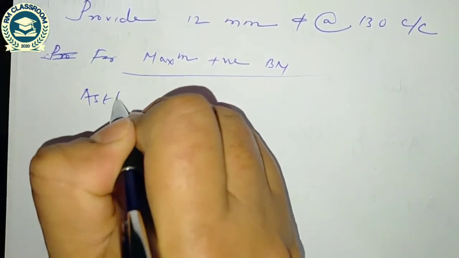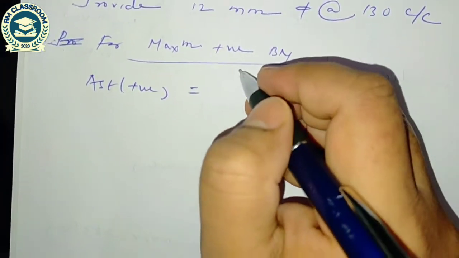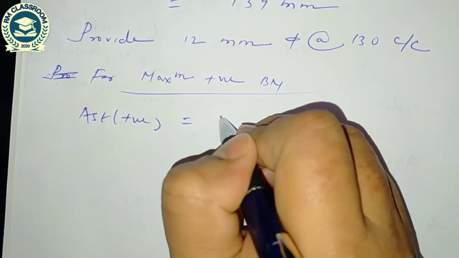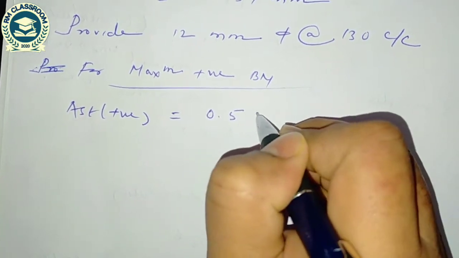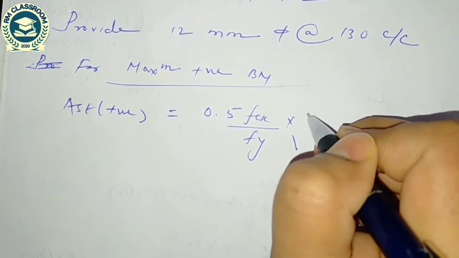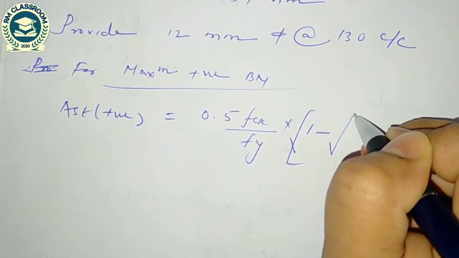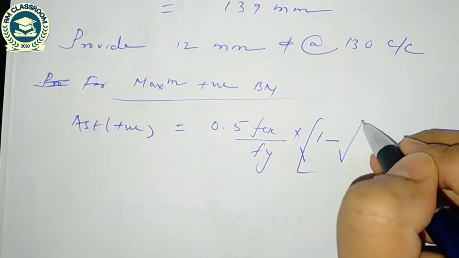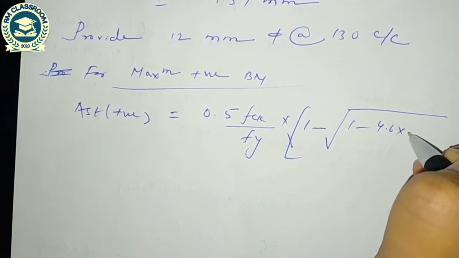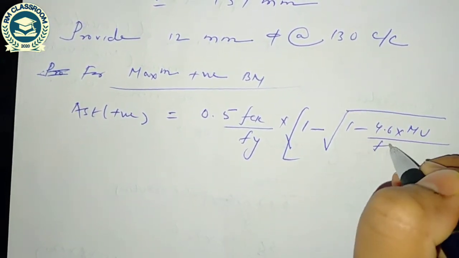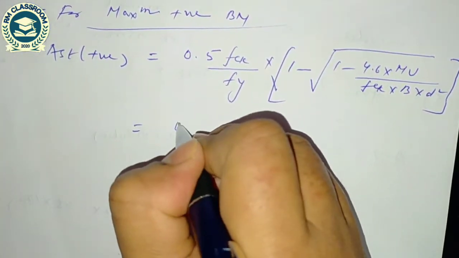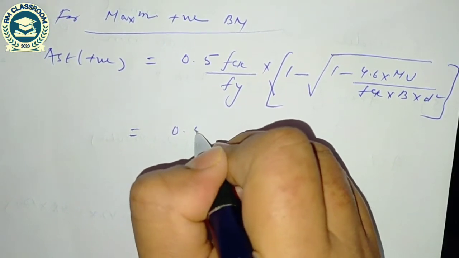So area of steel positive, we can also compute it by 0.5 FCK by Fy into 1 minus square root of 1 minus 4.6 into Mu divided by FCK into B into D square. This is also the expression to compute the area of steel.